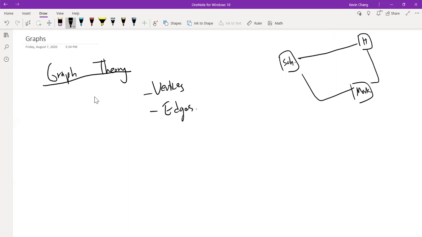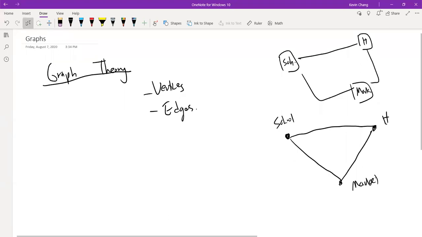Our vertices will be each of these buildings, each of our destinations. So we can use a vertex to represent the school, a vertex to represent my house, and a vertex to represent the market. And if I want to analyze how different things can interact between these buildings, this graph structure could help me do that.